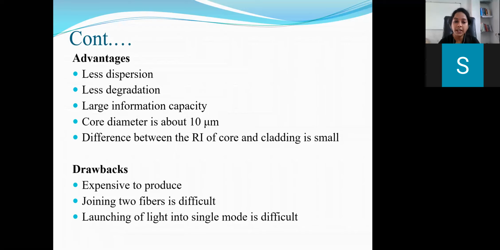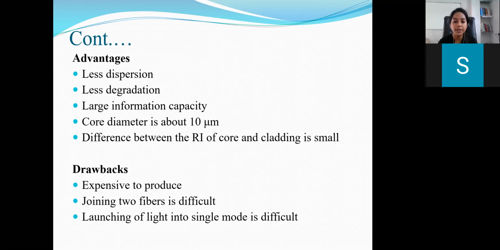The second thing is less degradation. There is no dispersion, there is no refraction, so degradation will also be less if it is traveling in a straight line. Then there is large information capacity; you can transmit more data if this type of optical cable is used.